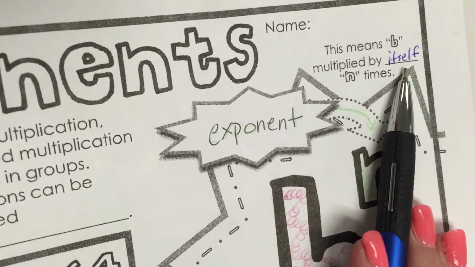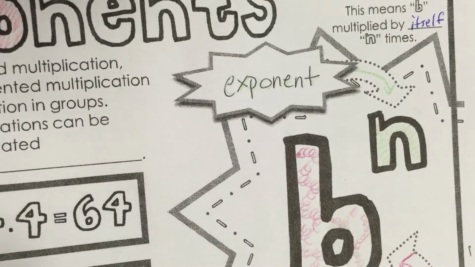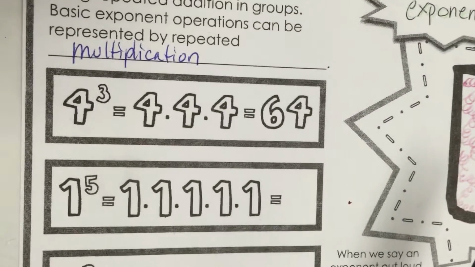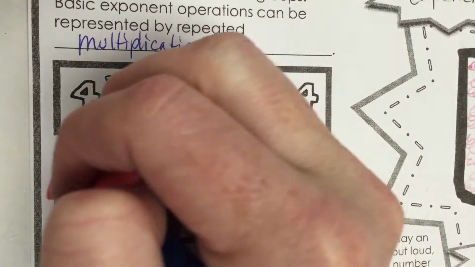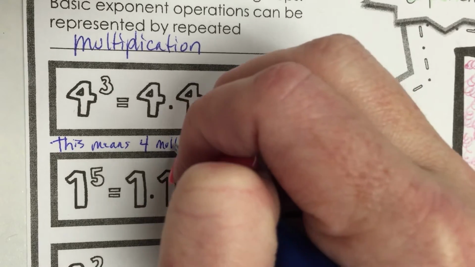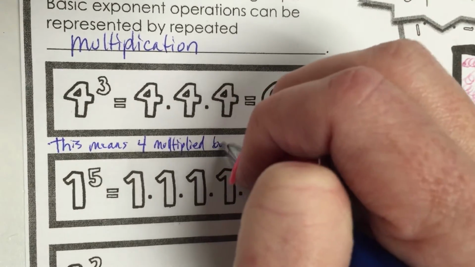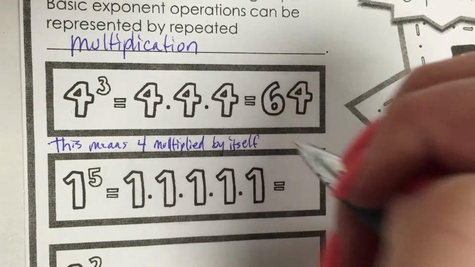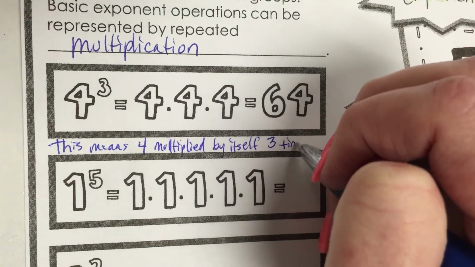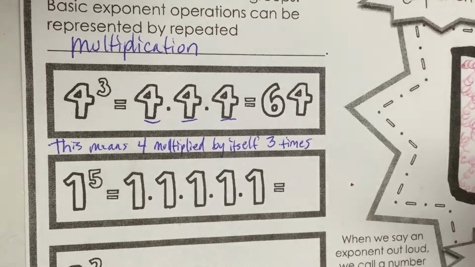Well, if we look back over here, it says this means b multiplied by itself n times. Let's replace that b and n with these numbers. So this means 4 multiplied by itself 3 times. So you'll see 1, 2, 3.